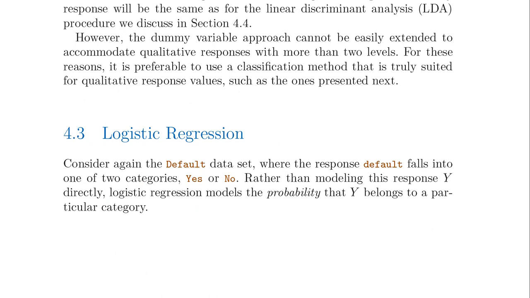Consider again the default dataset, where the response default falls into one of two categories, yes or no. Rather than modeling this response Y directly, so rather than the model giving you a yes or a no as a first and final step, instead we have this multi-step process where logistic regression actually gives you what we're going to interpret as the probability that Y belongs.